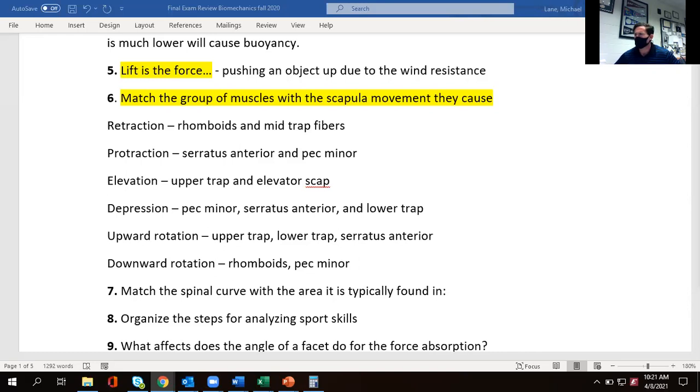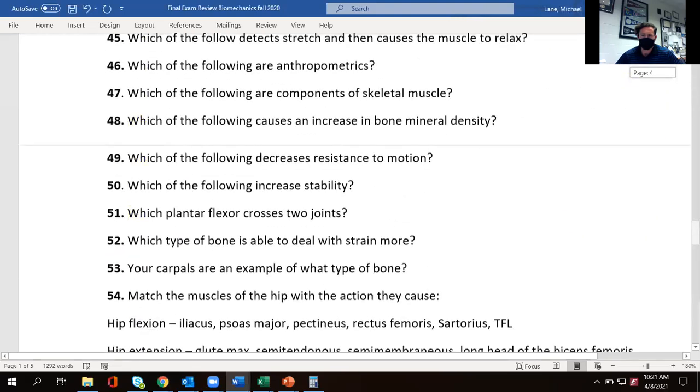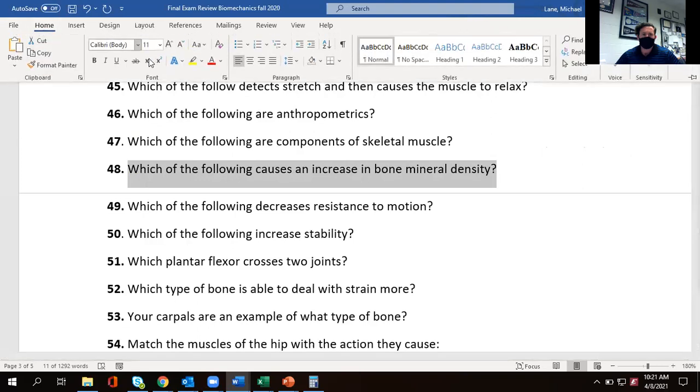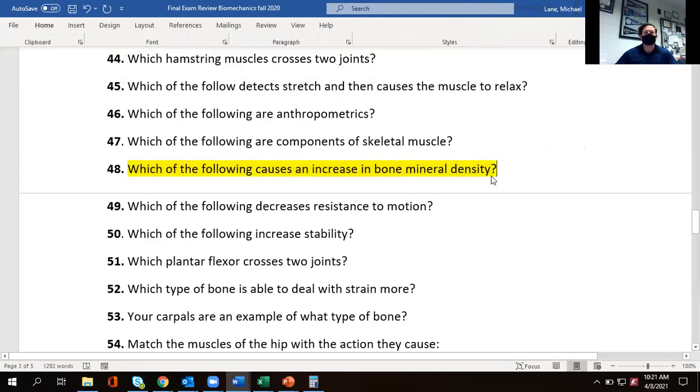Rock and roll. What other questions you guys got? So obviously, I'm literally just pasting in the exact way that the question is posed.